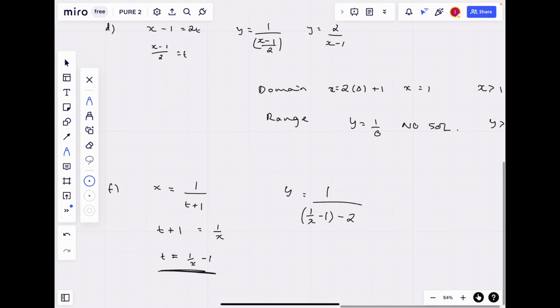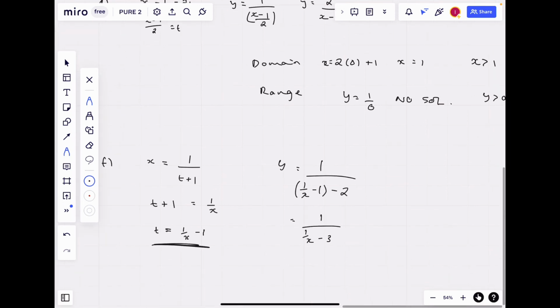When you simplify that, you end up with 1 over x minus 3. Then you can times everything in the denominator by x, so you can make it like that.